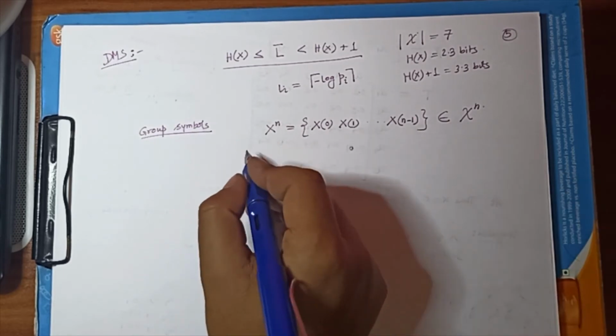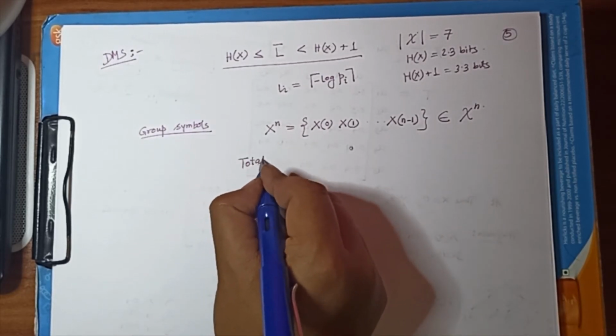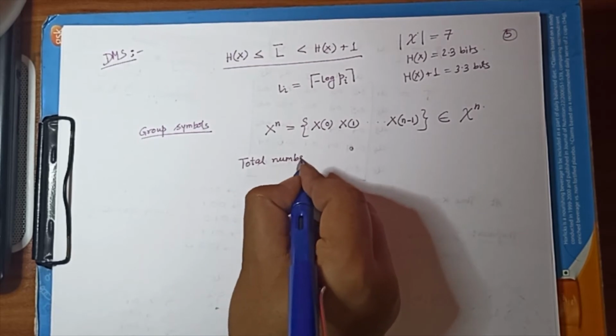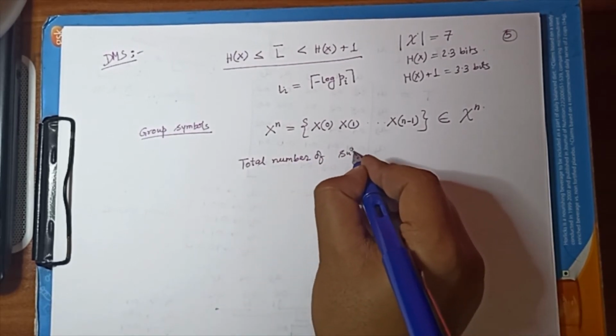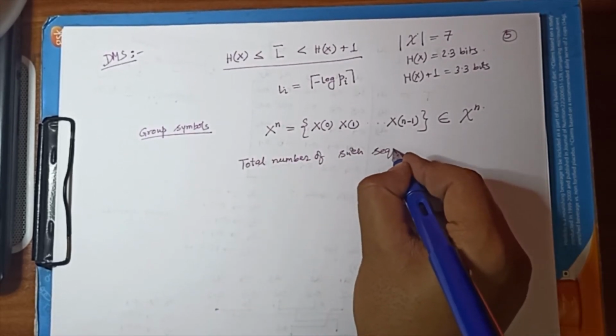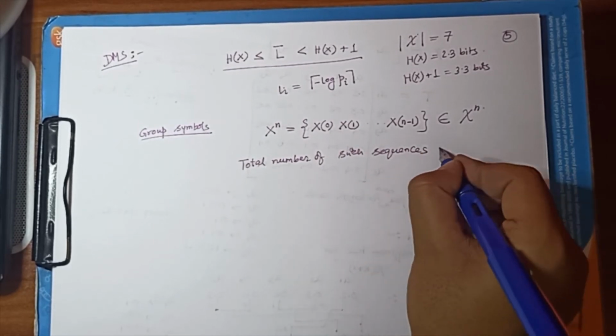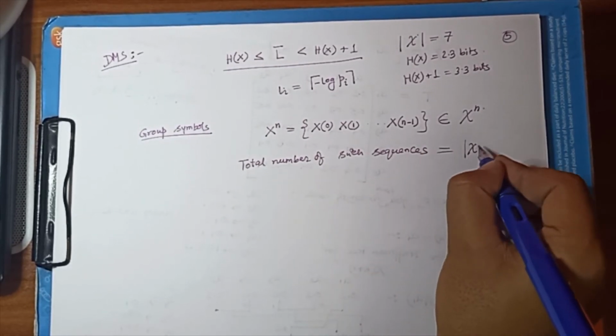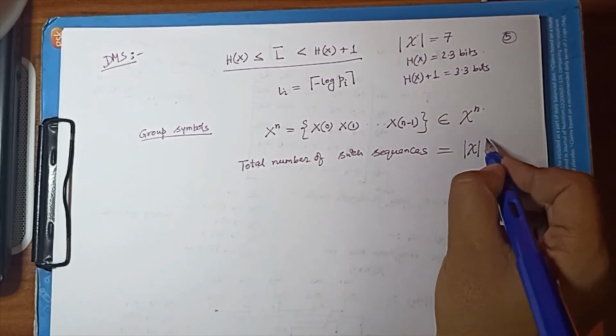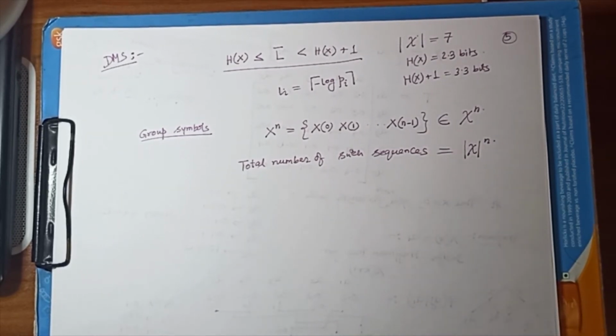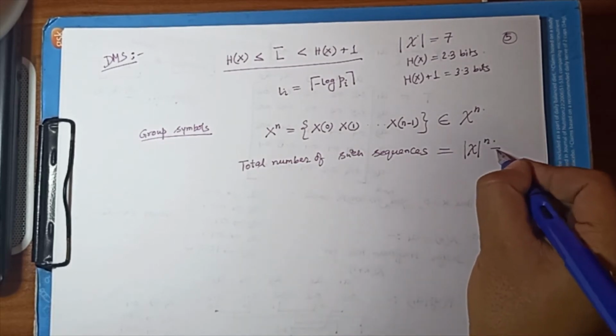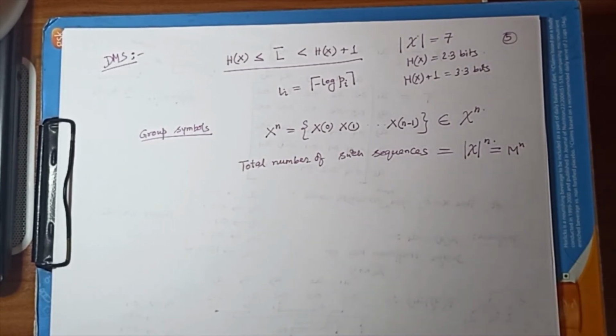So the total number of such sequences will obviously be the cardinality of X to the power n, because the first random variable can take cardinality of X values, which is m, so basically m to the power n. This is the total number of such possible sequences.